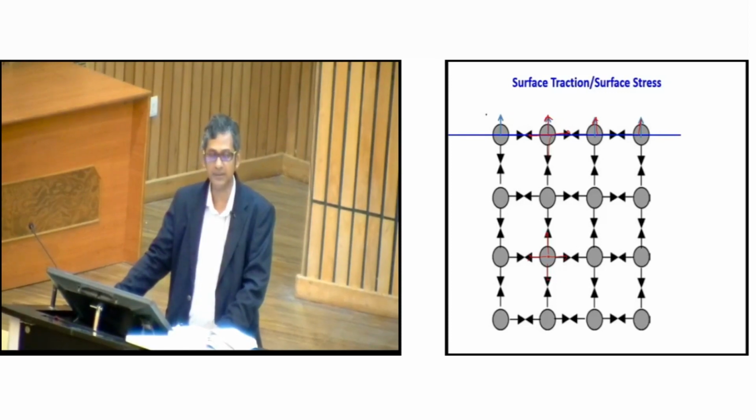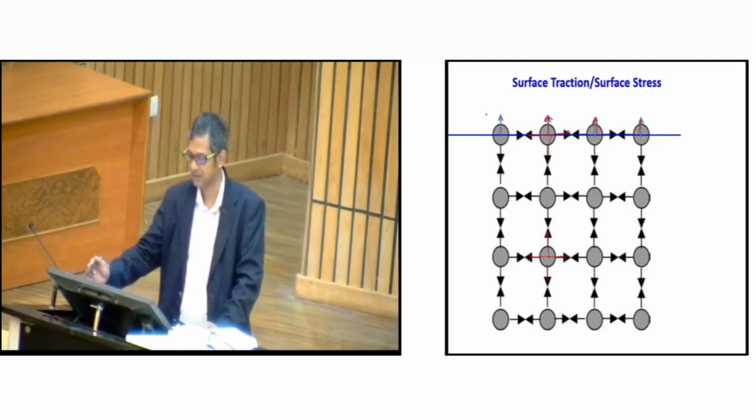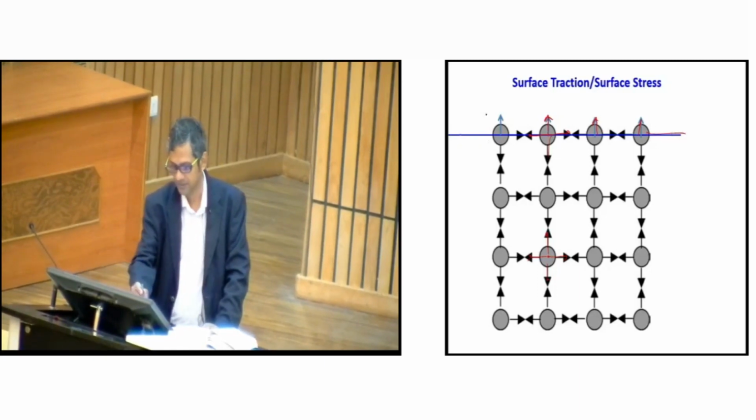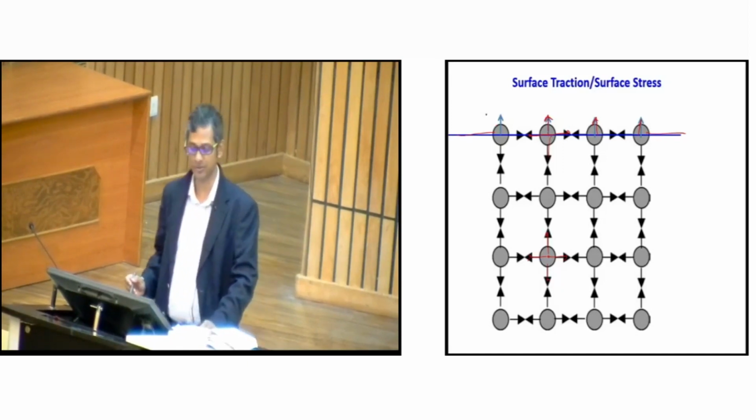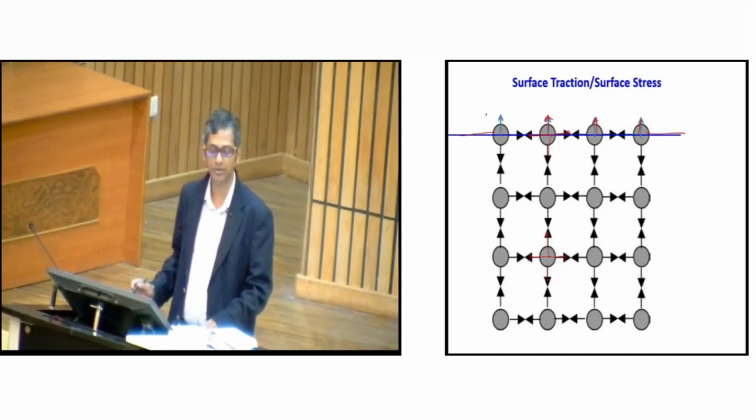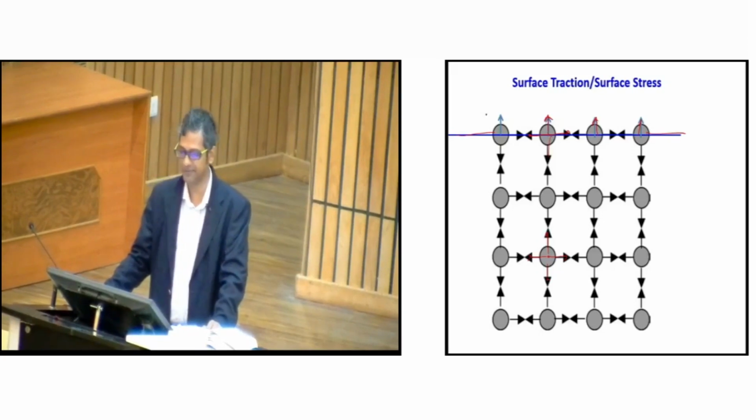That reduced number of bonds creates a force acting on the atom perpendicular to the surface. So, this is the surface. Because of these dangling bonds or unsatisfied bonds, a force F acts on these atoms perpendicular to the surface.